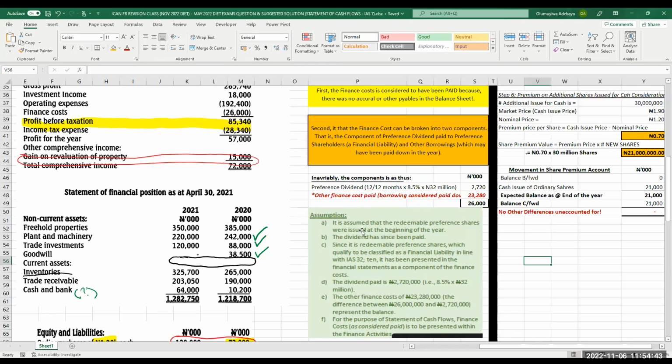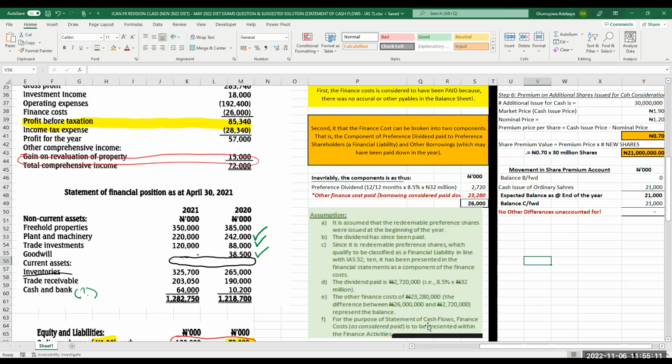The first is that it is assumed that the preference shares were issued at the beginning of the year. The dividend has since been paid. Since it is a redeemable preference share which qualifies to be classified as a financial liability in line with IAS 32, it has been presented in the financial statement as a component of finance cost. And the amount is 8.5% of that 32 million for the whole year. Other finance cost is the difference.